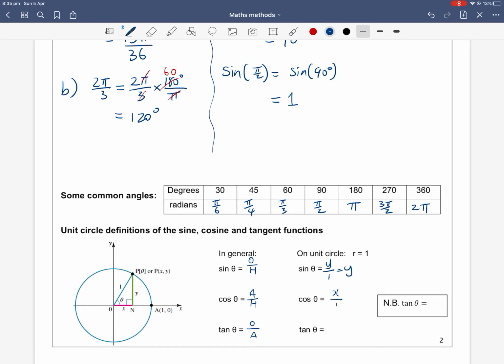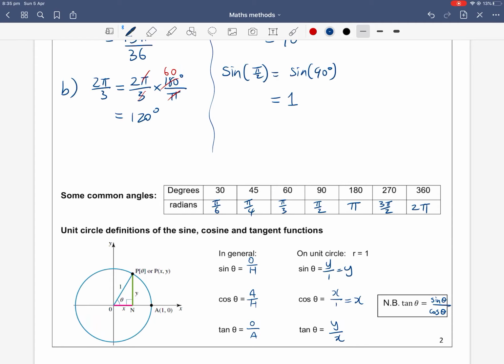Cosine is adjacent, which is x, over hypotenuse, which is 1, so cosine of theta is x on the unit circle. And tangent, opposite over adjacent, is y over x. So remember that tan theta is the same as sine theta over cos theta. We've got that relationship there.